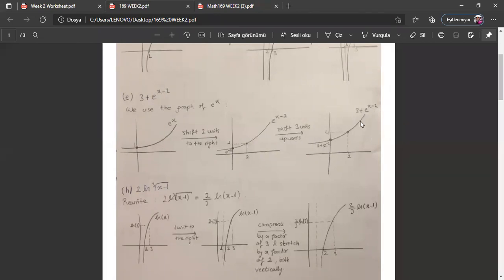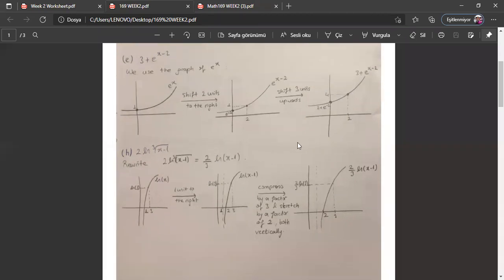The domain of this function is, again, all real numbers, and its range is again the same as the previous one, with e to the x. So it's 0, not included, and all positive real numbers, okay?